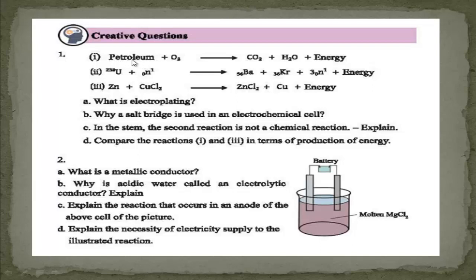So they are used as fuel because from the combustion reaction of petroleum, a huge amount of heat energy is produced, which is used for different purposes, in different industries or in vehicles, etc. So we can say that from equation 1 the amount of heat energy produced is much more than that of equation 3, because this is an exothermic reaction.